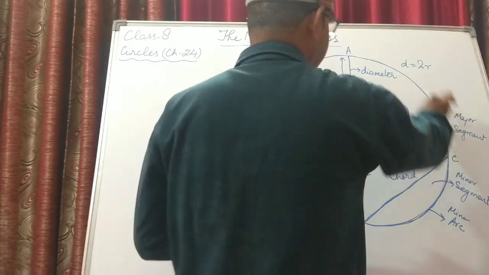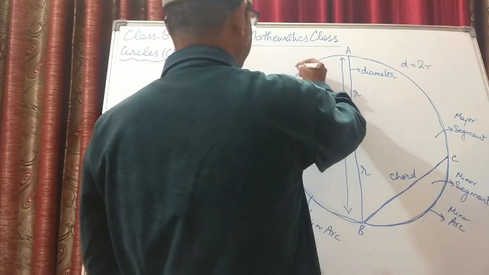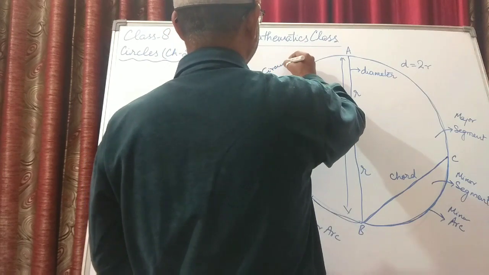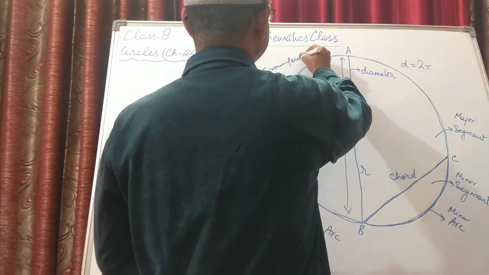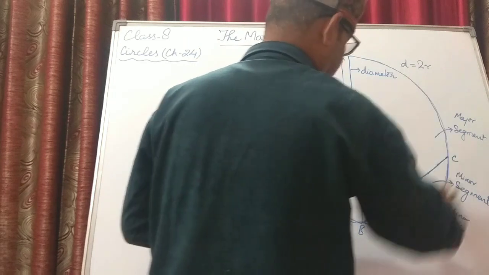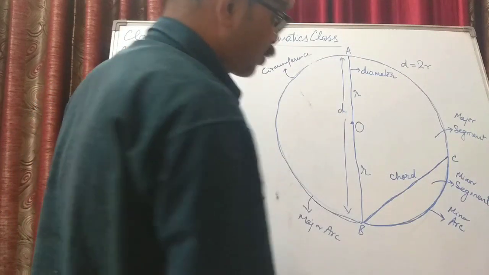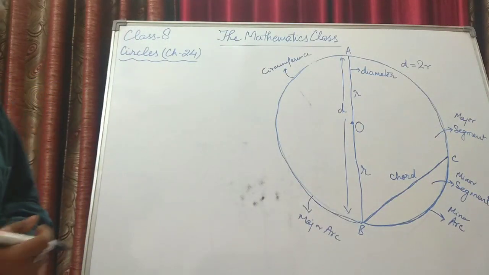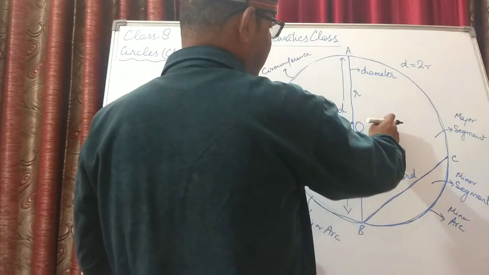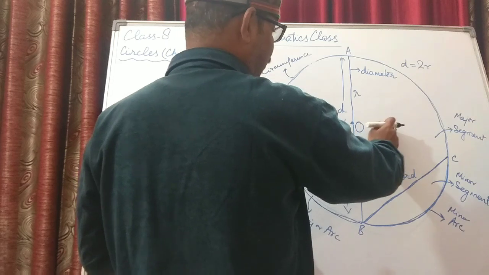This total perimeter of the circle is known as circumference. This whole circular part is known as circumference. Then the diameter is also a chord and it divides the circle into two equal halves.